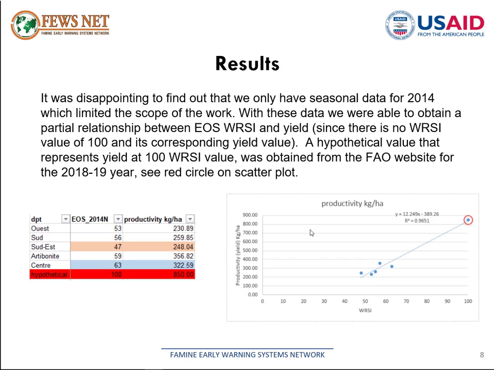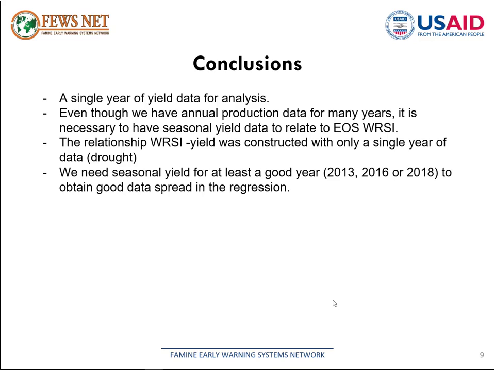It is necessary to have a year that has good WRSI values so that we could see what kind of productivity that gives. In conclusion, since we have a single year of data, we couldn't do much. Even though we have many years, we only have production, and we really need seasonal yield data to be able to relate it to end of season WRSI.